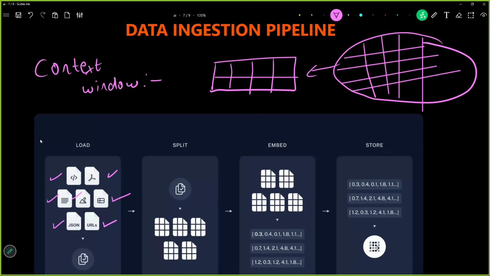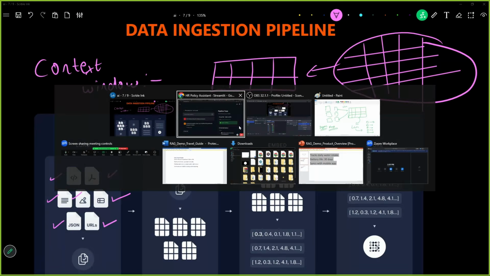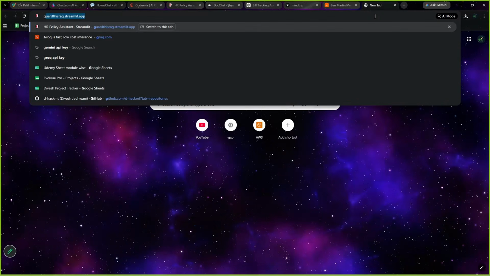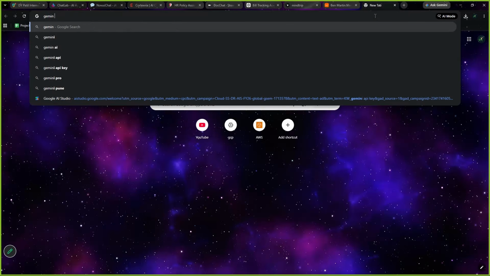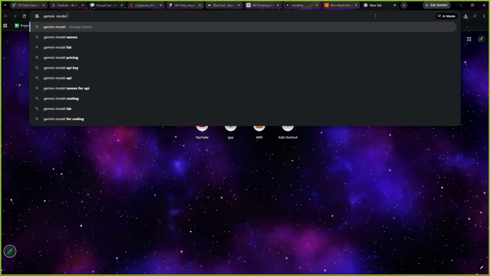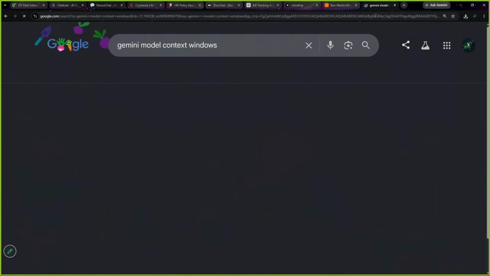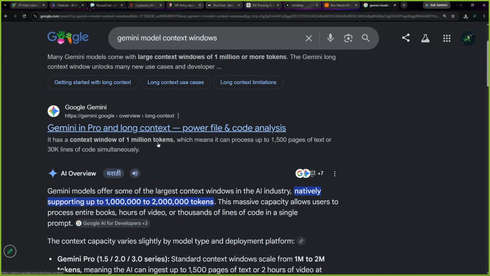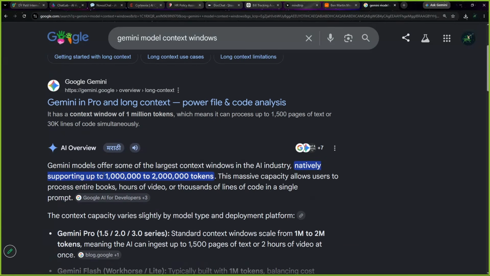Let me go ahead and search something for you. Let us go on to Google. Let us say you are interested in Gemini models made by Google. I will write Gemini models context window. Gemini models have the longest context window of all. See, they are supporting up to 1 lakh to 2 lakh tokens.